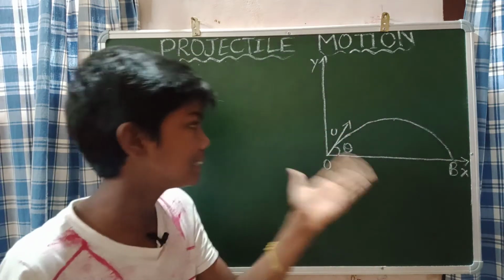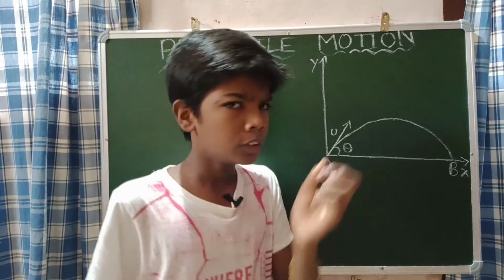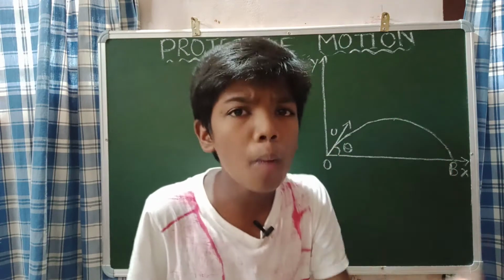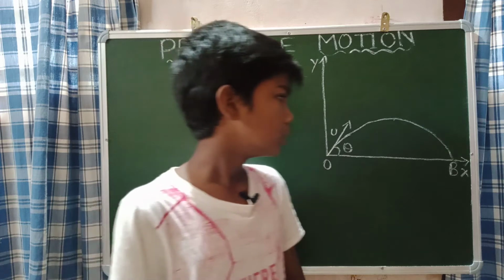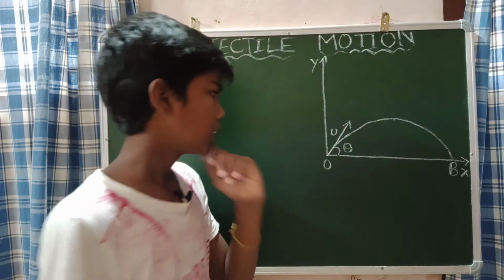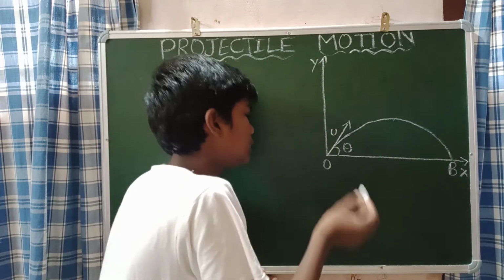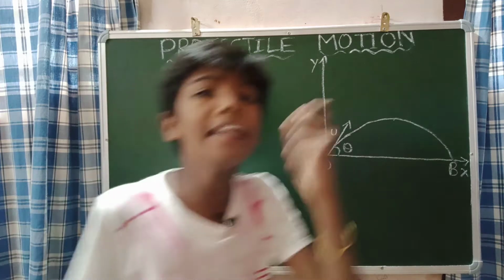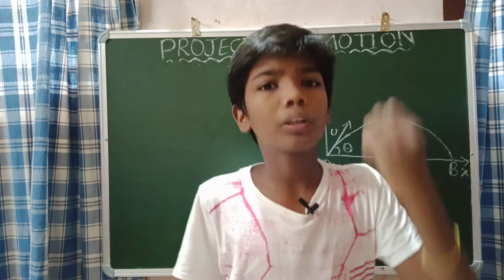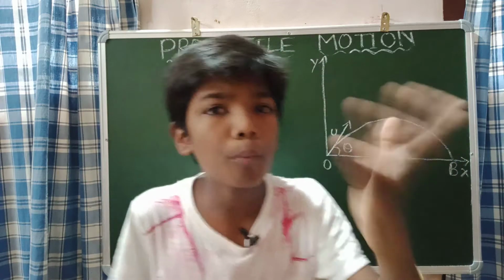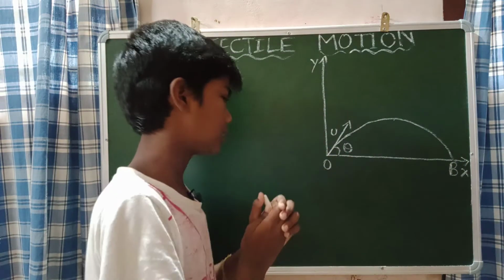Now, please understand this diagram, guys. Let me say some terminologies that we need to understand in projectile motion. We call this origin, this O, the point of projection. That means the position from where the object is projected is called the point of projection.